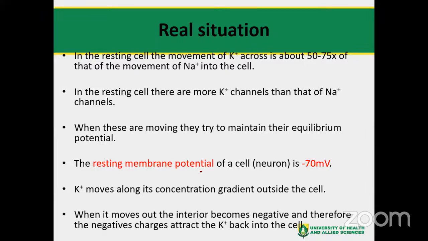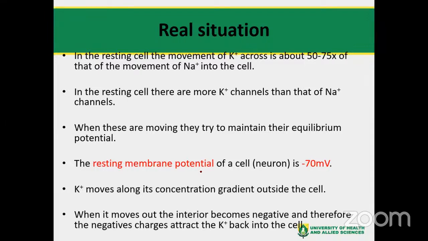Potassium moves along its concentration gradient outside the cell, and when it moves out, the inner part becomes negative. So I'm explaining why the inner part is negative. Number one, the plasma membrane is more permeable to potassium than it is to sodium.